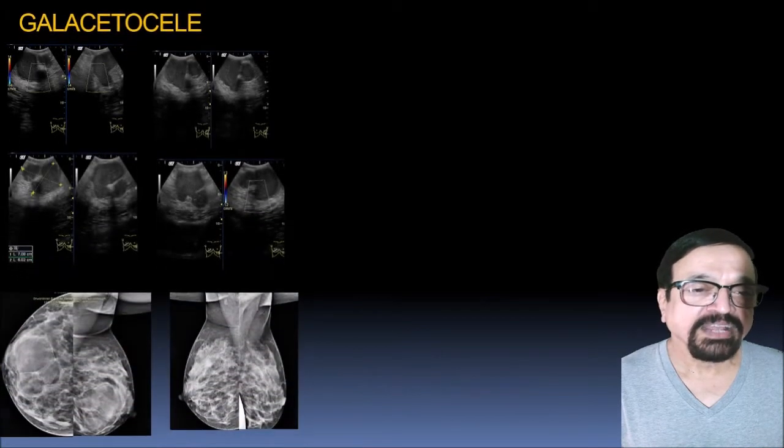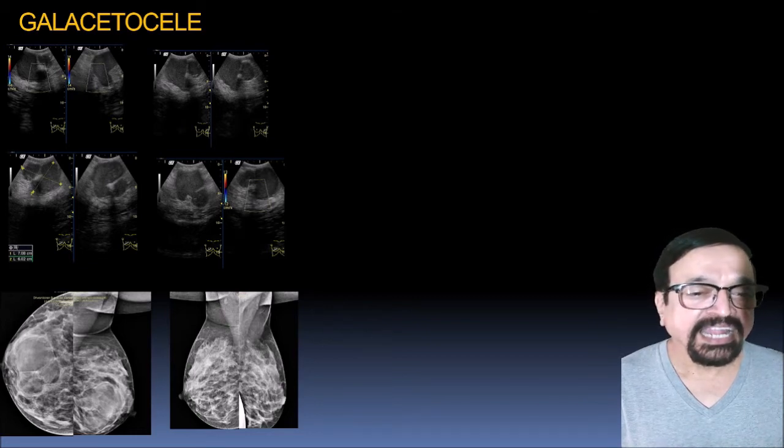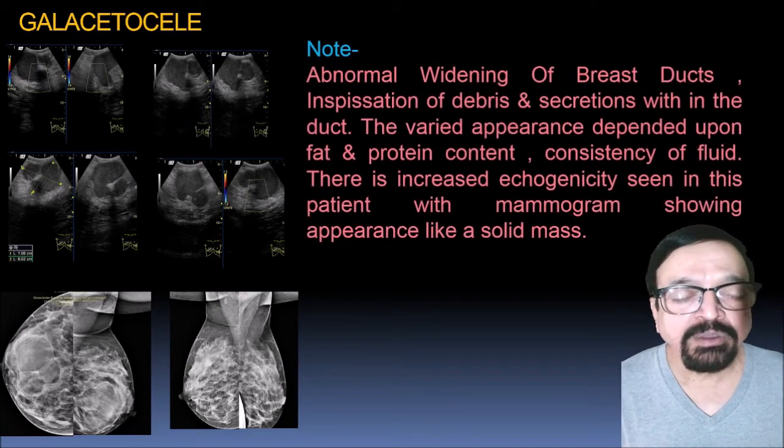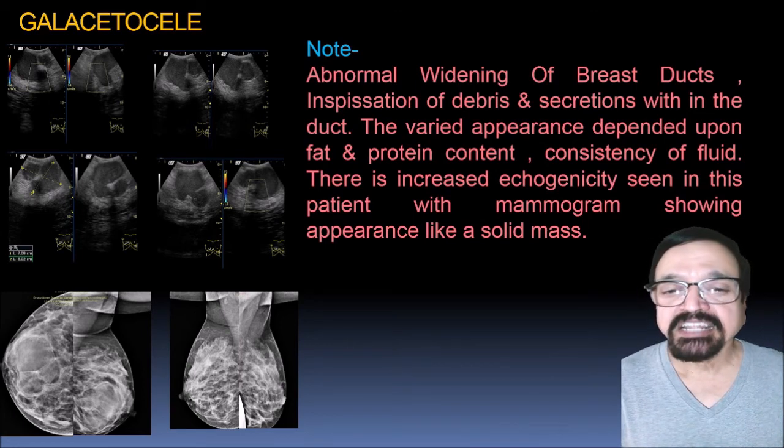Now here again we are seeing another case of galactocele. Both are showing the changes, on sonography as well as mammography. You can see a dilated duct. Here you are getting good echogenicity, which, as I told you, depends on the content. There is abnormal widening of the breast duct, inspissation of the debris and secretion within the duct.